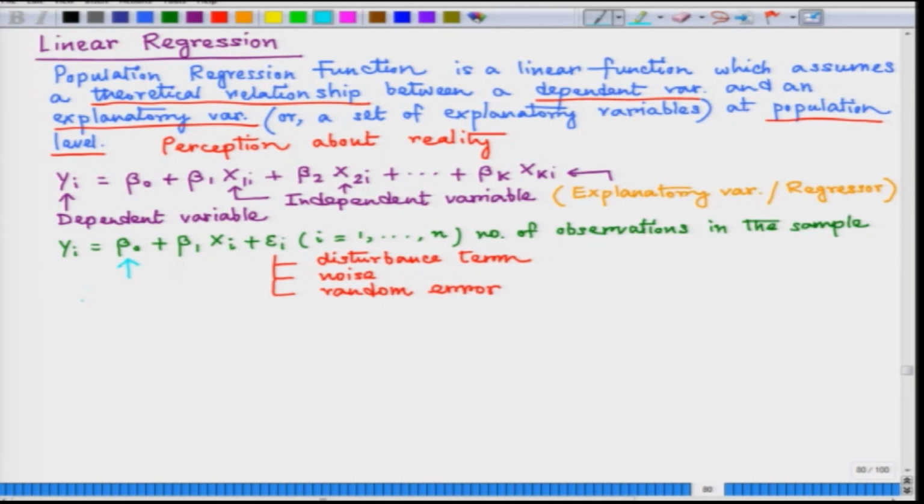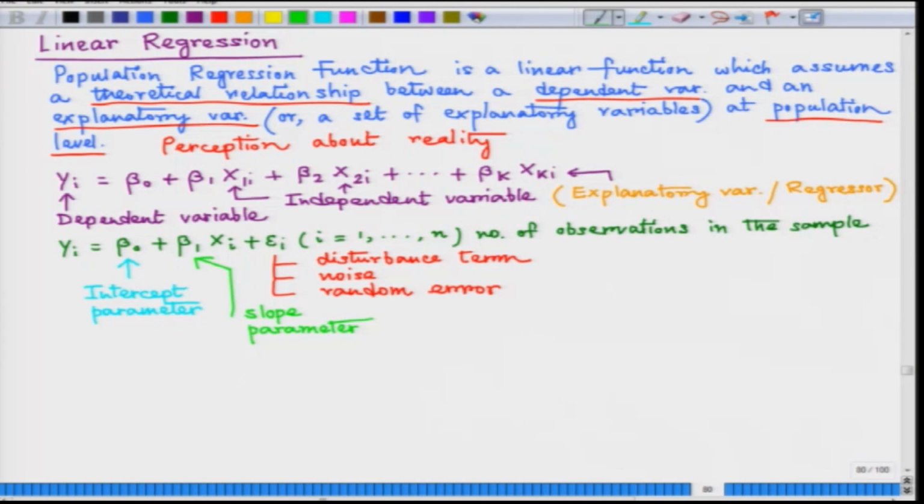Beta naught is called an intercept parameter, and this beta 1 is called the slope parameter. So, these are the relationships defined at the population level. This is the true relationship.